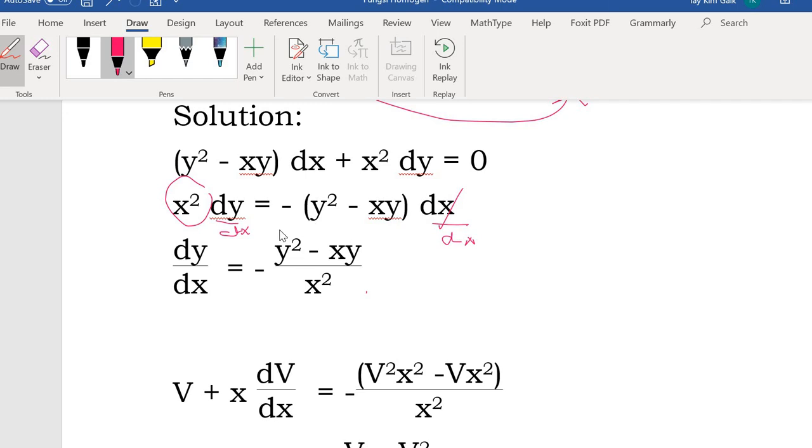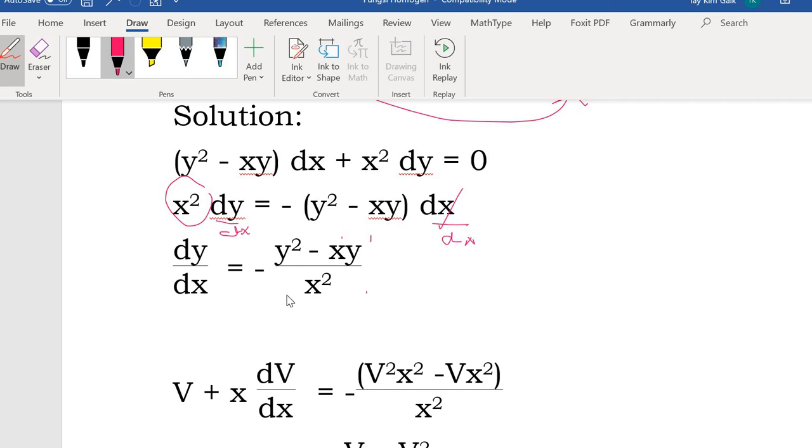If you check, this is actually a homogeneous equation, because as a shortcut you see if they are in the quotient function and the power for each term is the same. Here y power 2, x power 1, y power 1, and x squared is power 2, so it is a homogeneous equation.